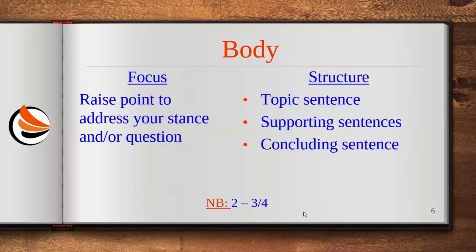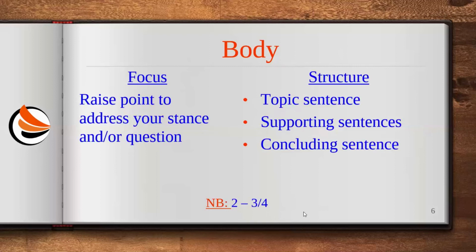Then you need a concluding sentence. This sentence relates back to the topic sentence that you have. You need to summarize the paragraph that you've looked at. This concluding sentence is not the conclusion of the entire essay. It's just concluding that single paragraph that you have.